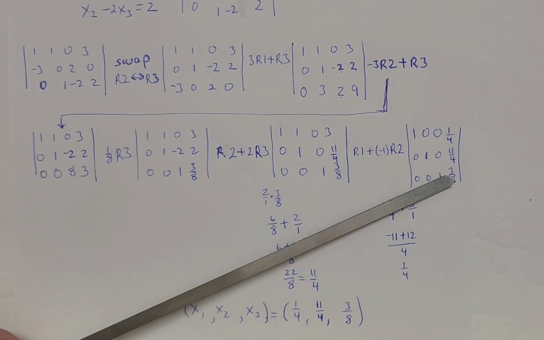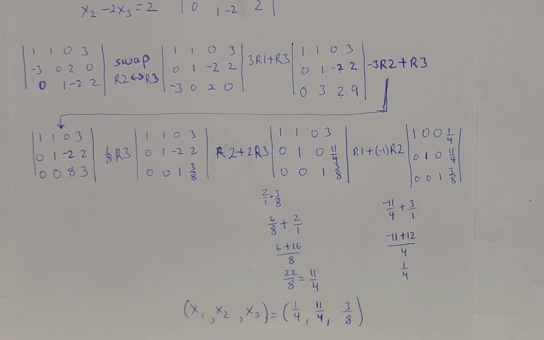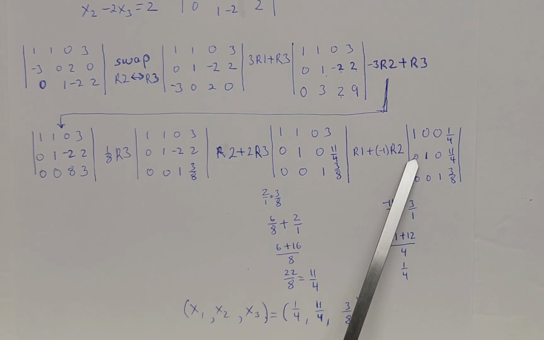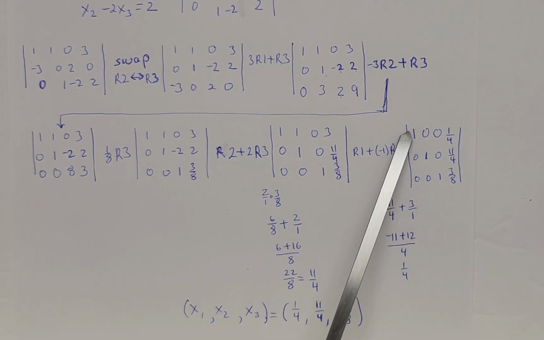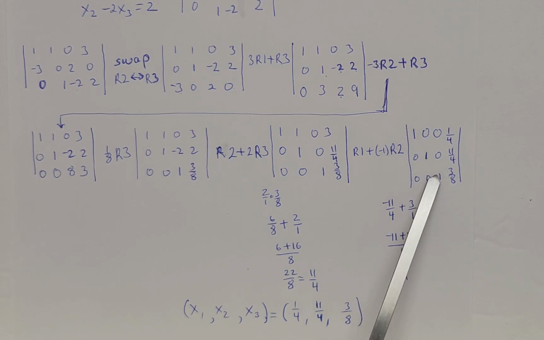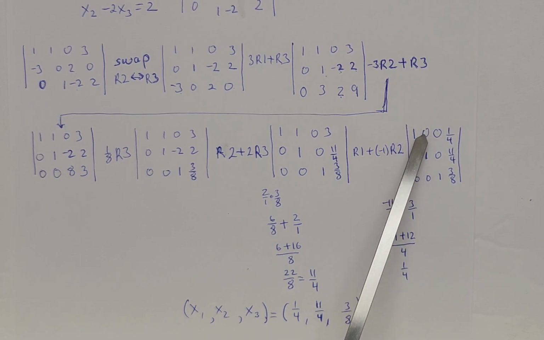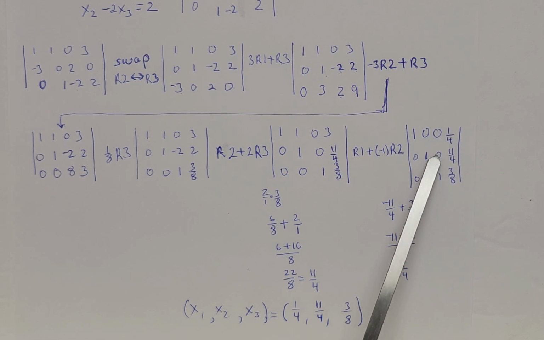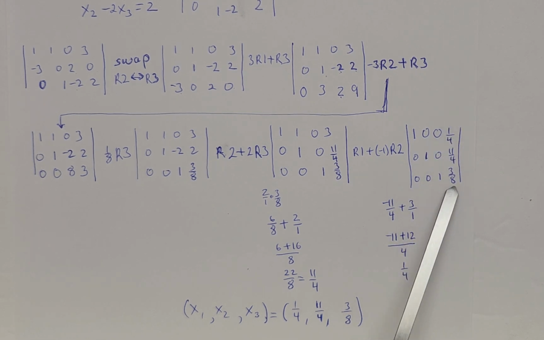And the last column will be your solutions. One more time. When you get 0 here, here, then you are done. All the diagonals right here should be 1, and the rest 0. Then when you're done, the last column will be the solutions.